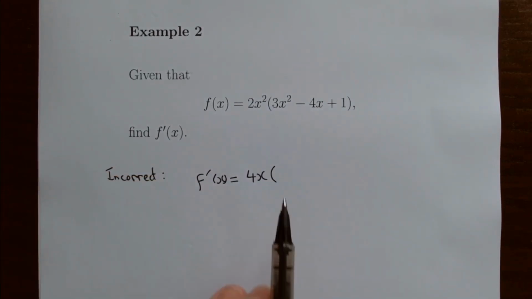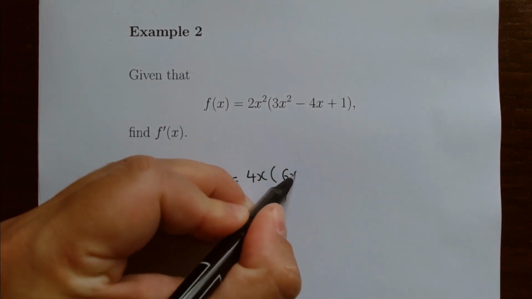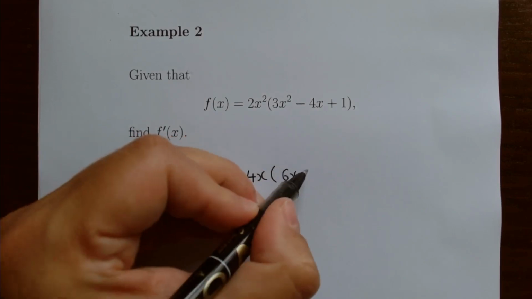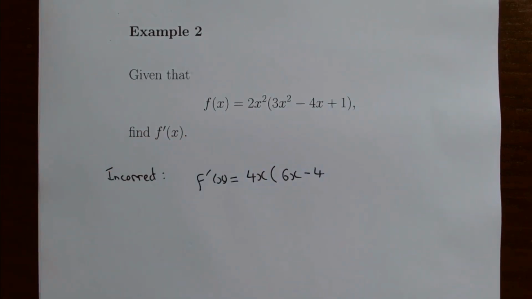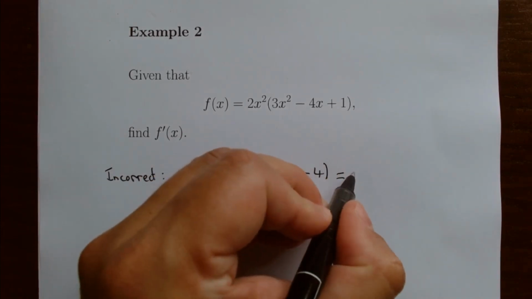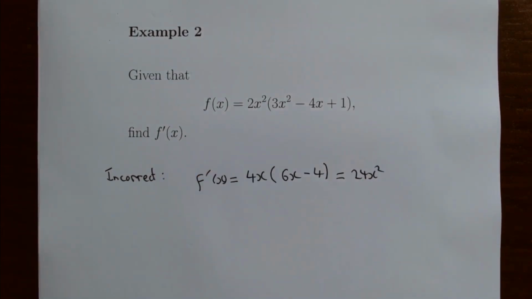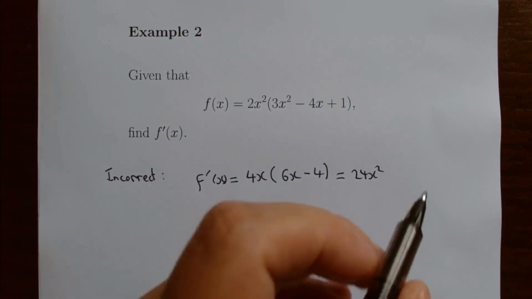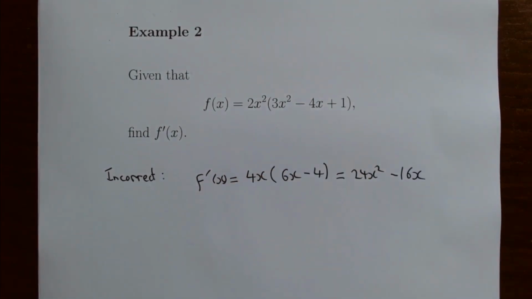Then open the bracket, 3x squared becomes a 6x, and the minus 4x becomes a minus 4, and the plus 1 disappears. And if I just expand it, just so we can see what it looks like, here we have a 24x squared and minus 16x. So this is going to be the wrong method.